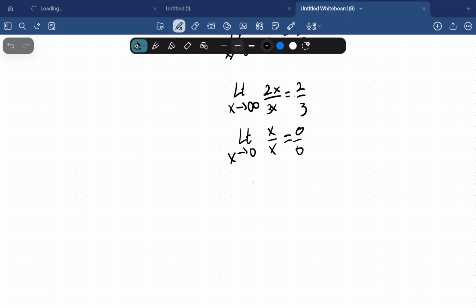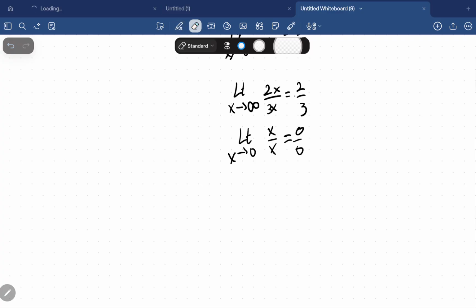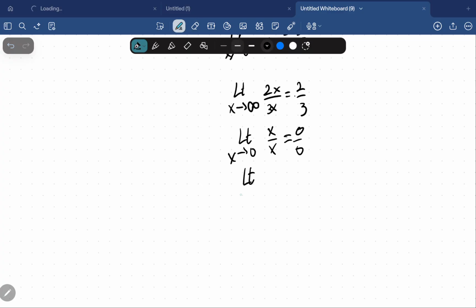Limit as x reaches 0 of 1 over 1. The limit will cancel out again, equal to 1 over 1, or just 1.